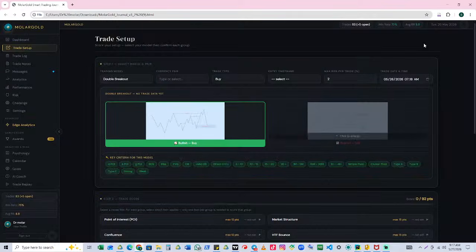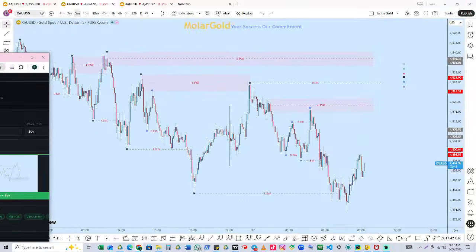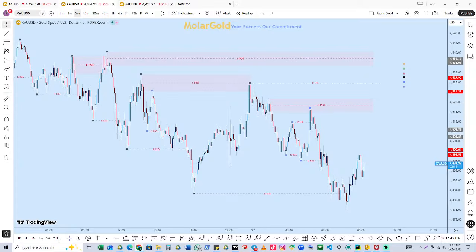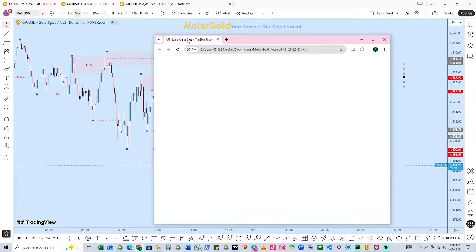All right. So once you have a double breakout, you can actually trade. It is one of the most powerful setups that we actually trade, from XPY, either XPY1 or XPY2, very powerful. And then double breakout, they are also very powerful. These are trading models. You can see inside the journal we have different trading models.